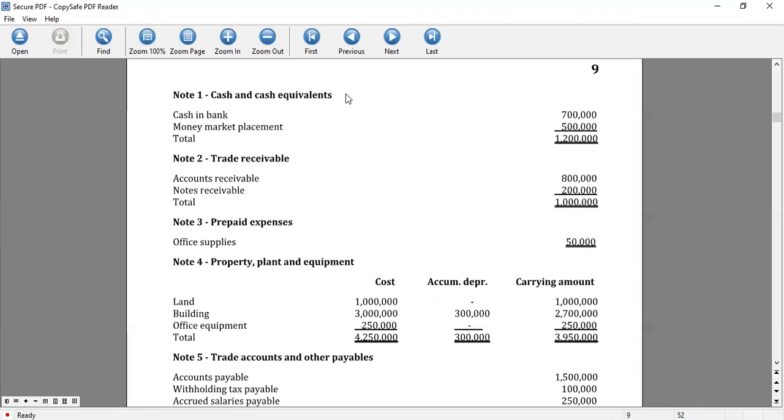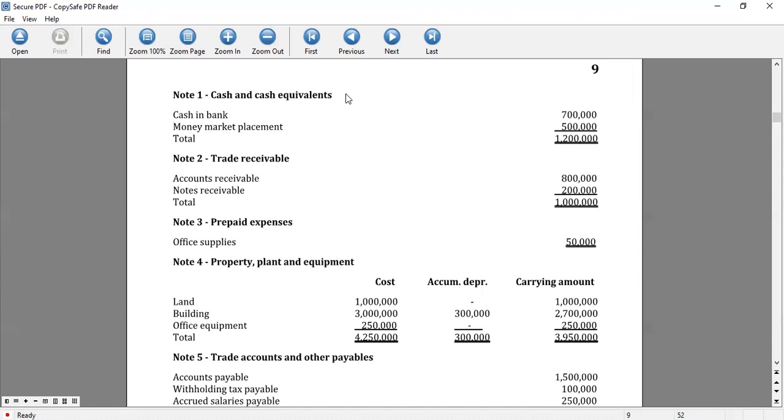The accumulated depreciation is 300,000. Since the life initially is 20 years, the land and the building were acquired on January 1, 2019.